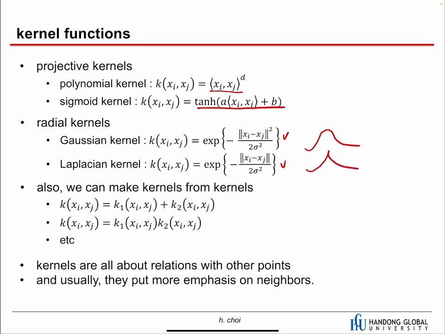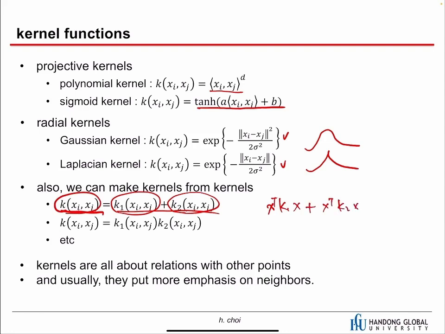And we can make kernels from kernels. If we add two kernel functions, then this is another kernel function, which means this one is positive definite and this one is positive definite. Then if we sum them, the result is positive definite. It's quite simple. x transpose K1 x is positive and x transpose K2 x is positive.